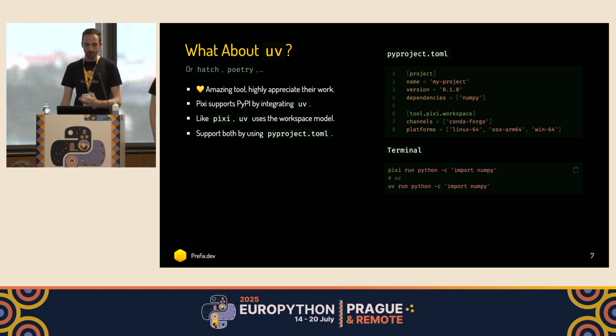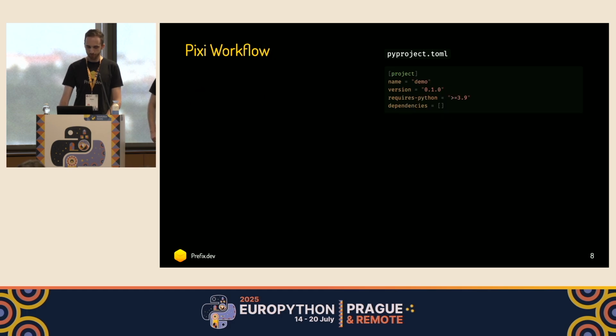And Pixi, just like UV, uses the workspace model. If you can see the TOML file on the right, you will see that it can have some dependencies that are PyPI dependencies, and both UV and Pixi can run on this file without any problem. And then you can, of course, do pixi run or uv run to run these Python scripts.